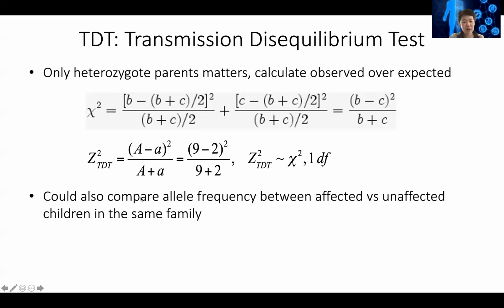You can also, in this case, compare the allele frequency between the affected child and unaffected child from the same family. And then also look at how much the big A allele versus the small a allele are being transmitted, but it's a slightly different equation, with a similar kind of idea. Are we seeing the one allele transmitting to the affected child a lot more than it transmits to the unaffected child?